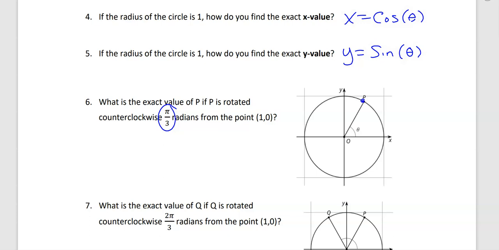The exact value of P would be the cosine of pi over 3, comma, sine of pi over 3. If I stick cosine of pi over 3 in the calculator, it will give me some kind of approximation, but this is actually the exact value for coordinate x.